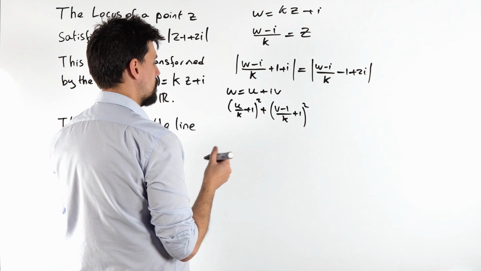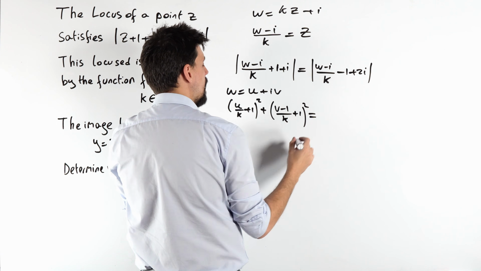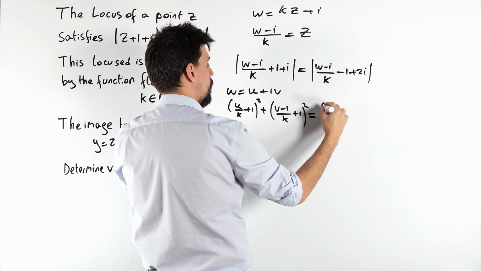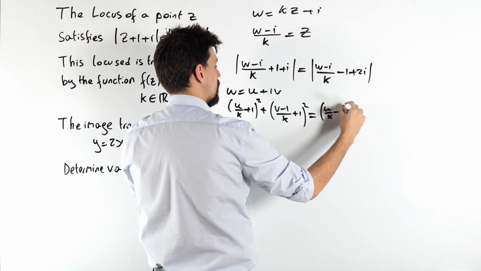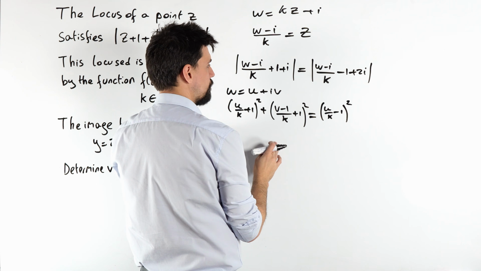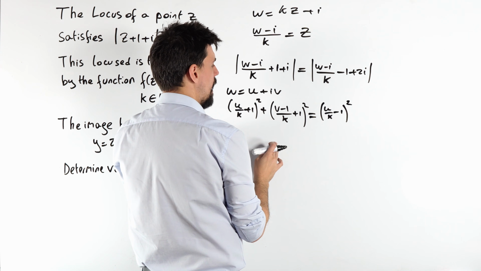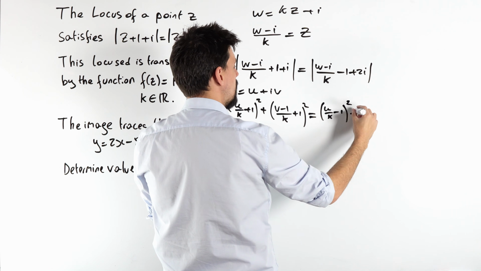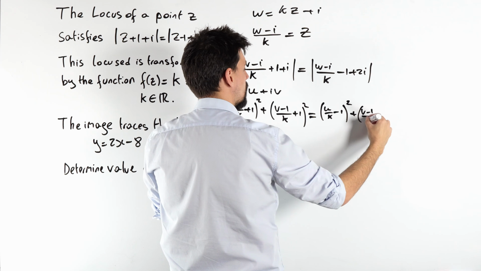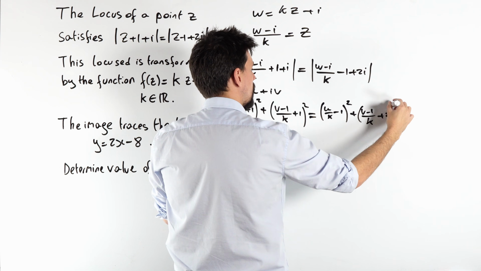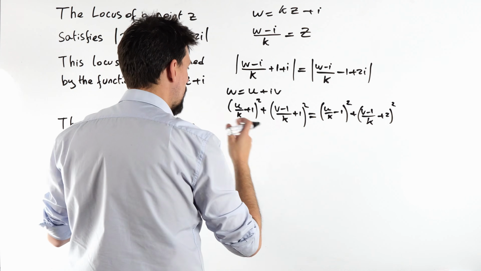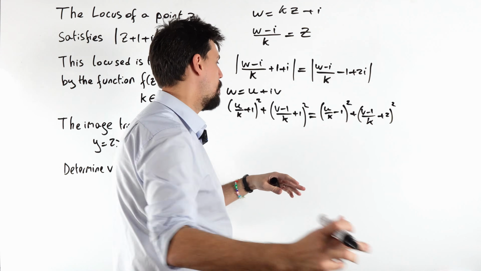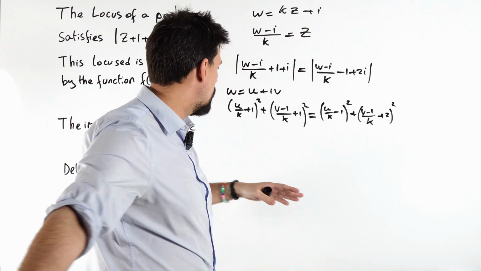Yeah. Now that's got to equal, what's the real part of this going to be? Well, I'll get a u over k minus 1 squared. And the imaginary part will be a v minus 1 over k plus 2. And then we're going to square all that. Now we need to shake this all around, do a bunch of algebra, and see what the relationship between u and v is.